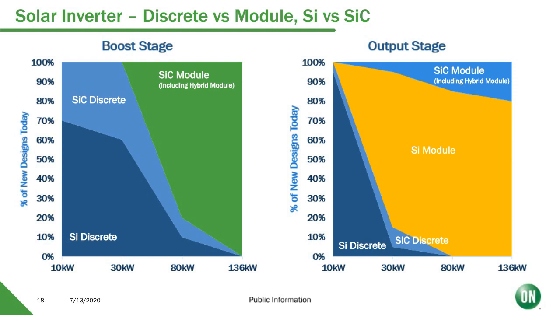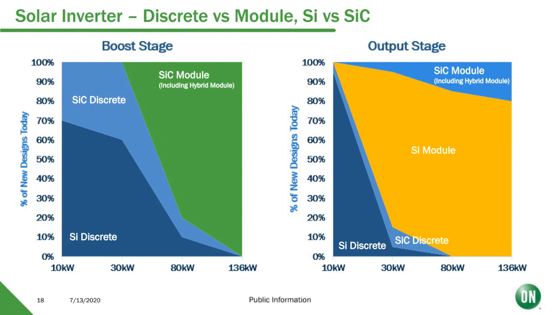Then looking on the right-hand side, we have the output stage. Here, below 10 kilowatts, silicon IGBTs are the main device used. We hardly see any silicon carbide discretes used in the output stage. And then as you get above 30 kilowatts, silicon IGBT modules start dominating this space.